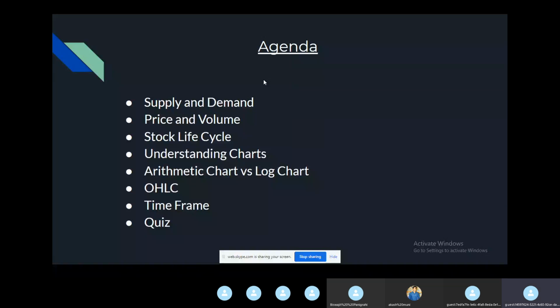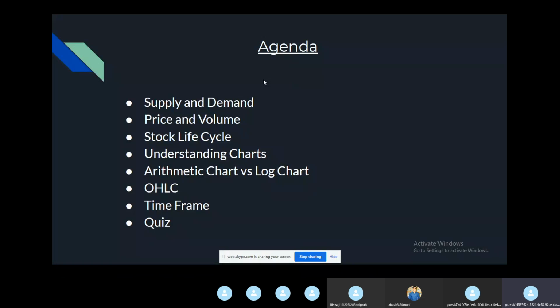We'll see the difference between the arithmetic chart and the log chart, and try to find the role of this particular chart in different time frames. Then we'll go through OHLC, open, high, low, close of particular candles, the time frame, and we'll have some quiz.